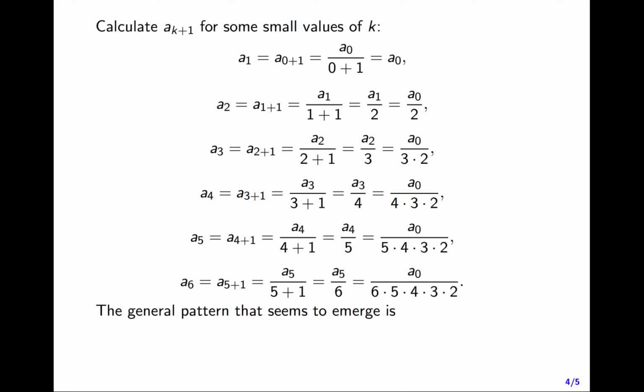And the general pattern that seems to emerge out of this is that a_{k+1} is equal to a0 over (k plus 1) factorial for each k greater than or equal to 0.